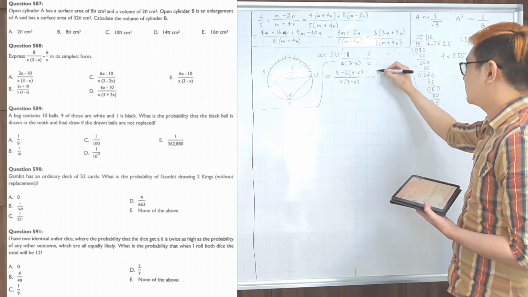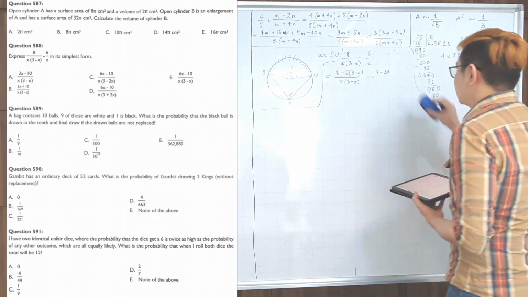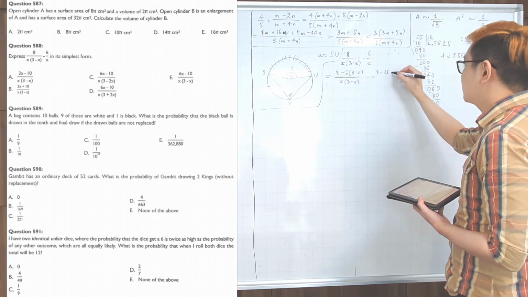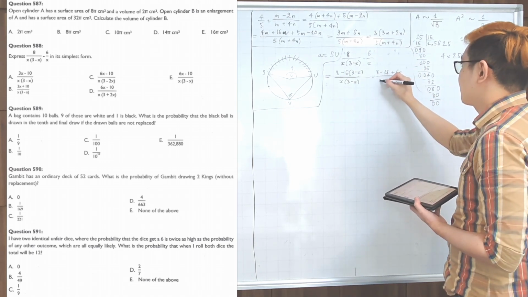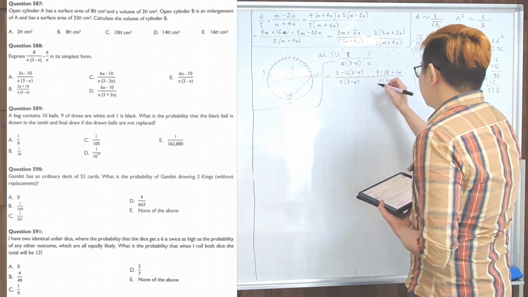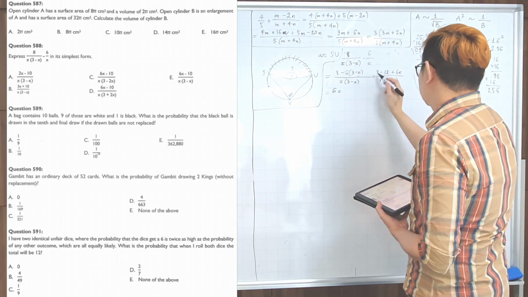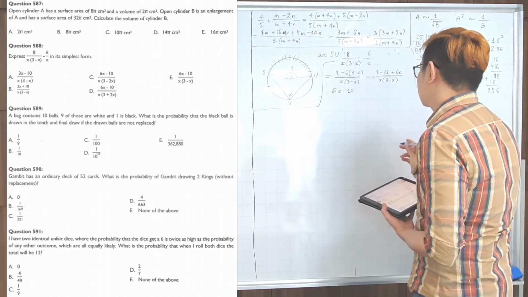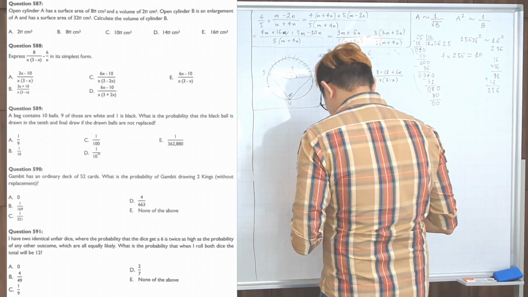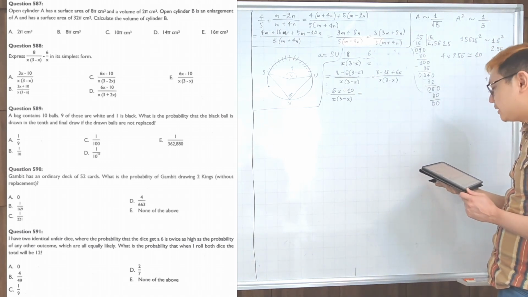So you have 8 minus 24. No, 6 times 3 is 18, sorry. This is plus 6x. So this one is 6x minus 10x, 3 minus x. Yeah, this is answer E again.